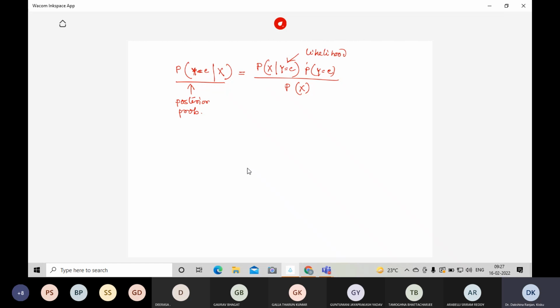So here we estimate the probability of features given y equals to c. And this probability will be called prior probability or marginal probability, or marginal distribution.